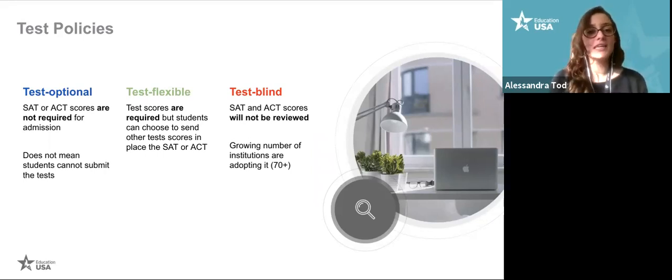And when we are thinking about test blind, it doesn't matter if you send, they will not review your scores. And there's a growing number of institutions that are adopting this type of test blind approach. So next.